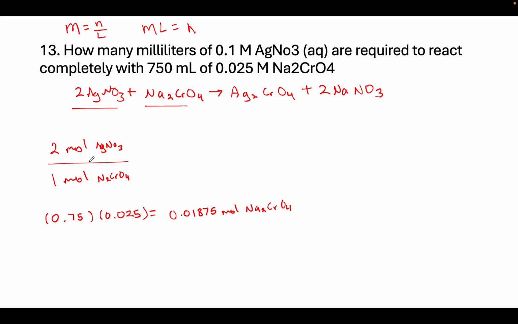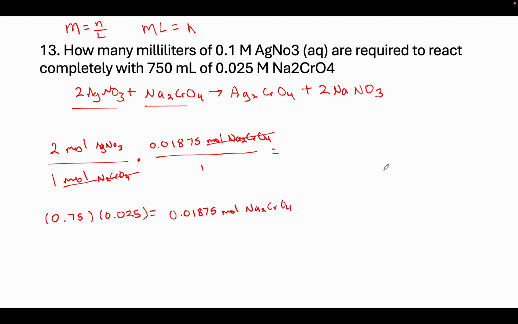You can put 2 mole of AgNO3 over 1 mole of Na2CrO4 times the 0.01875 mole of Na2CrO4 over 1. So mole of Na2CrO4 cancels out.